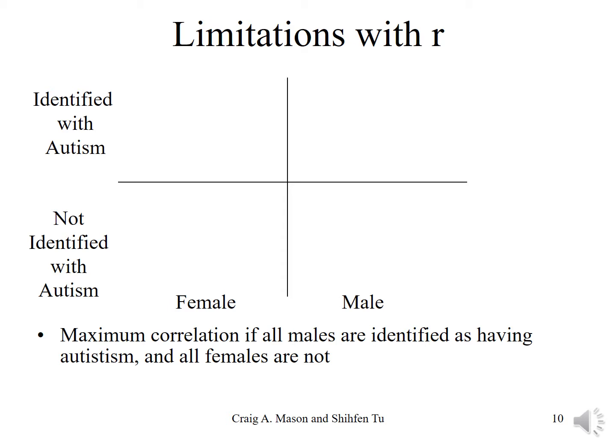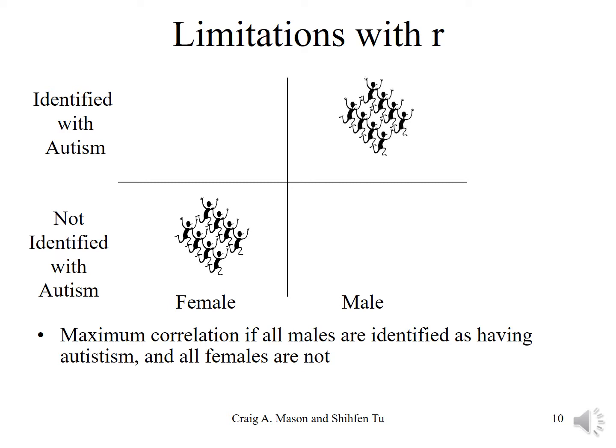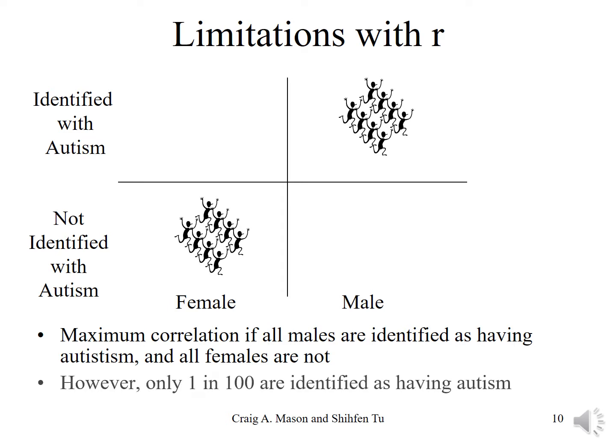Well, the strongest association would be where every female child was in the not identified group down here, and every male was in the identified with autism group up here. But it's not that simple. What if only 1 in 100 children have autism?